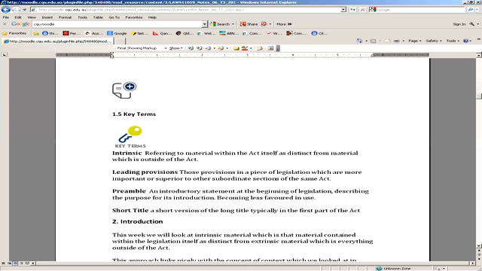So, for example, there might be a part of an Act, and at the start of that part, there might be some key sections that tell us effectively what the rest of the part is focused upon.